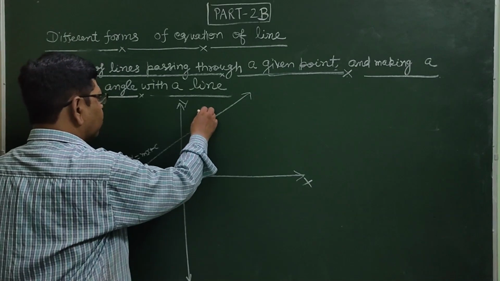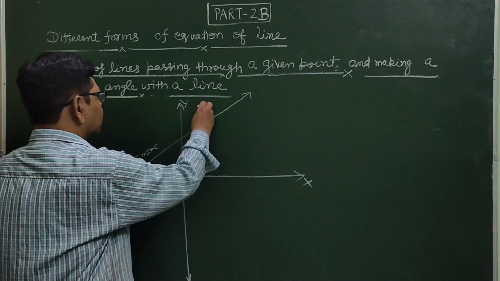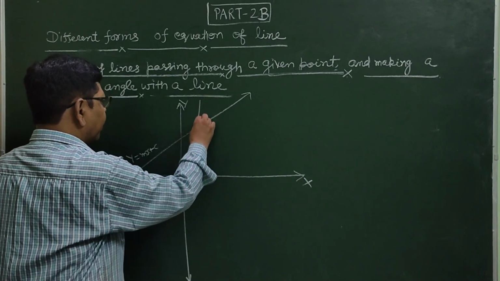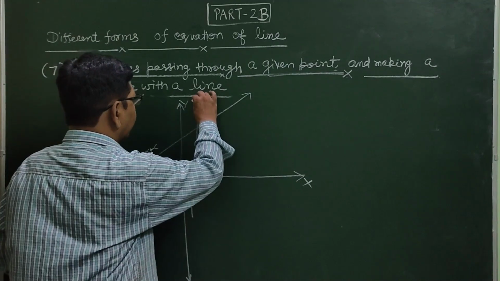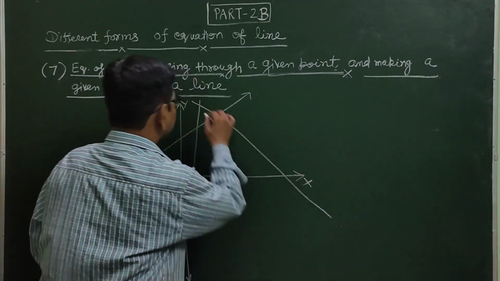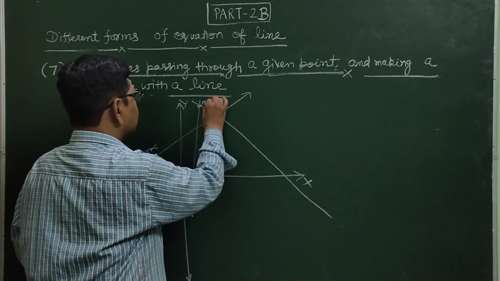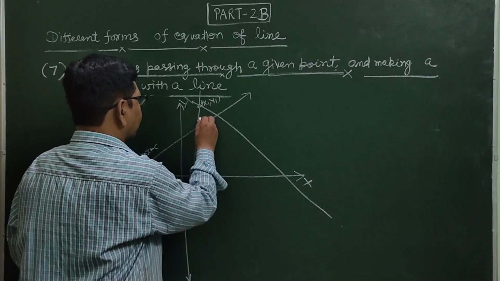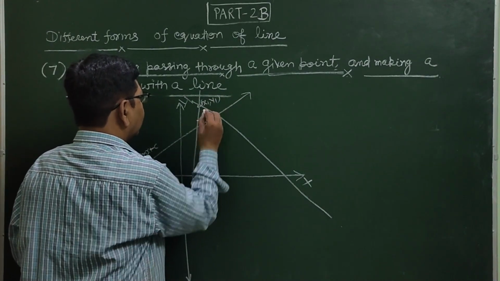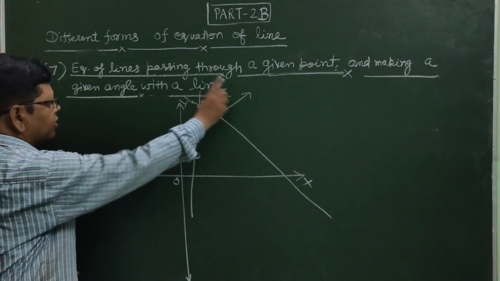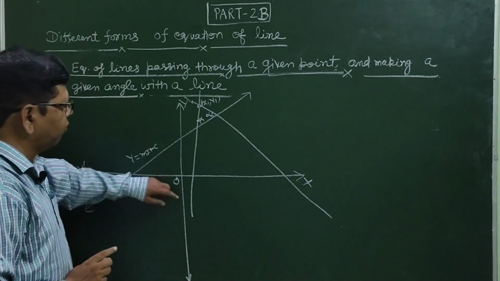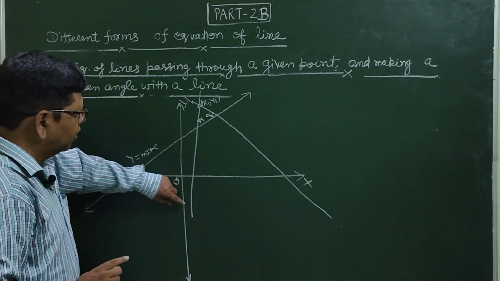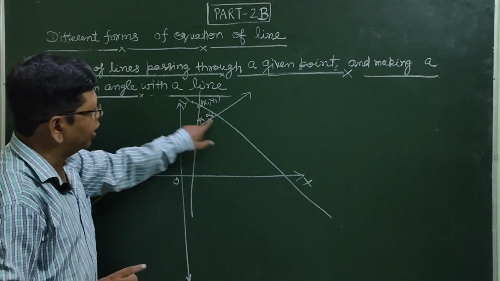Now let us draw two lines passing through the point x1 comma y1. And these lines make angle alpha with the line y is equal to mx plus c. We want to find the equation of these two lines.